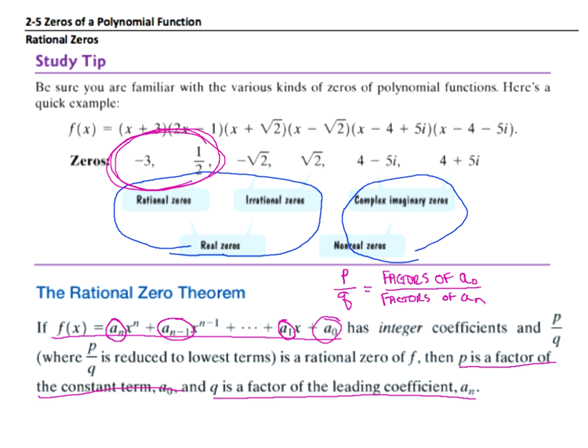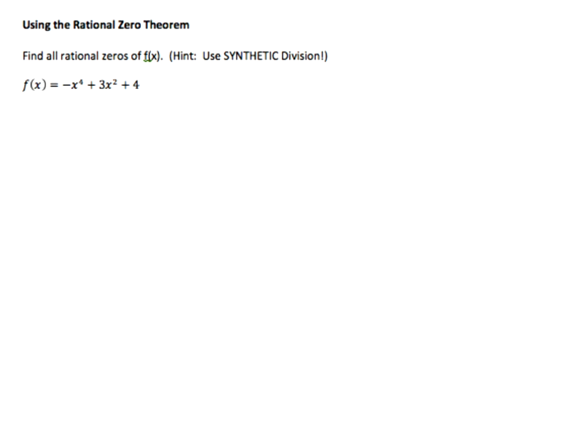So that's what P over Q is, those values that you come up with. Okay, let's move forward and look at an example of this.